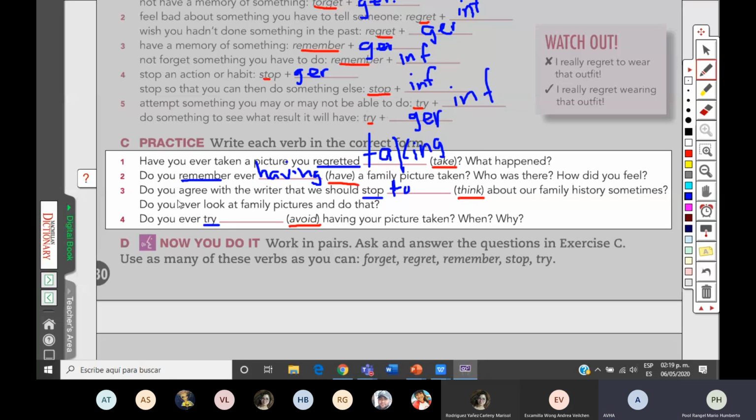And do you ever try avoid having your picture taken? Ever try to avoid. Very good. Yes. Try to avoid. Like, you try to avoid having your picture taken. Very good. So now the question is, from me to you, do you ever try to avoid having your picture taken?